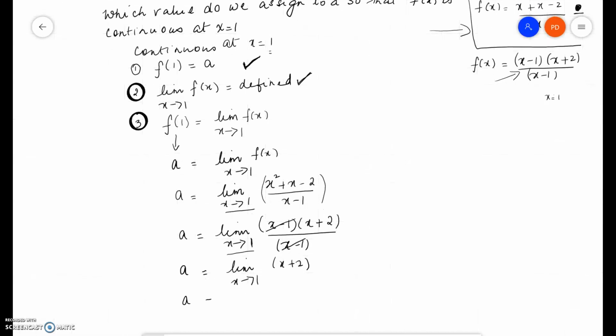Now we find the limit by substitution. When we substitute x equals 1, we get 1 plus 2, which is equal to 3.